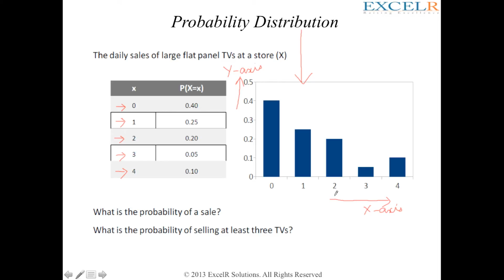If you cannot represent something in a decimal format, and can only represent it in a whole number format, it would be called as discrete data. If you're plotting discrete data on the x-axis, it will be called as what? Discrete probability distribution. Instead, if I plot the heights of people, which is continuous, hence it would be called as continuous probability distribution.